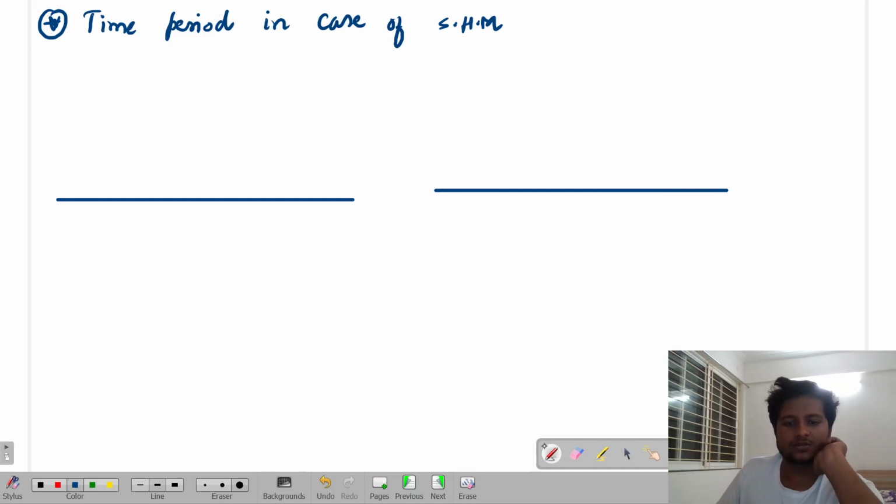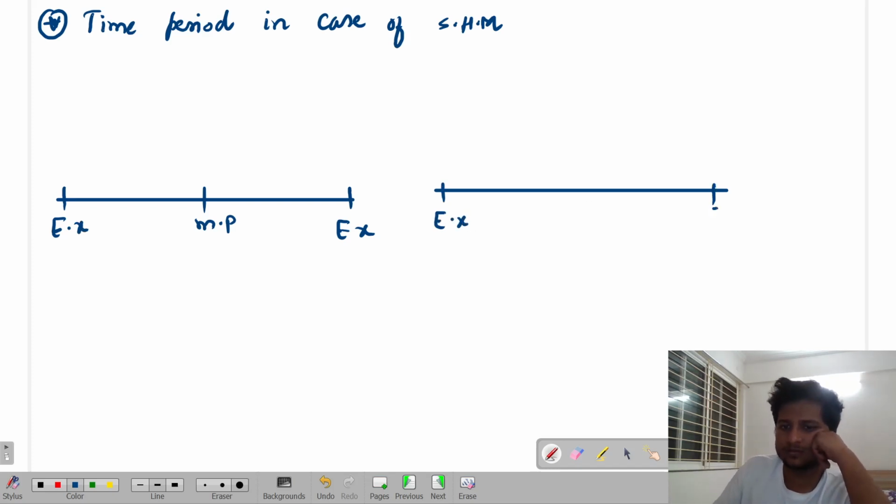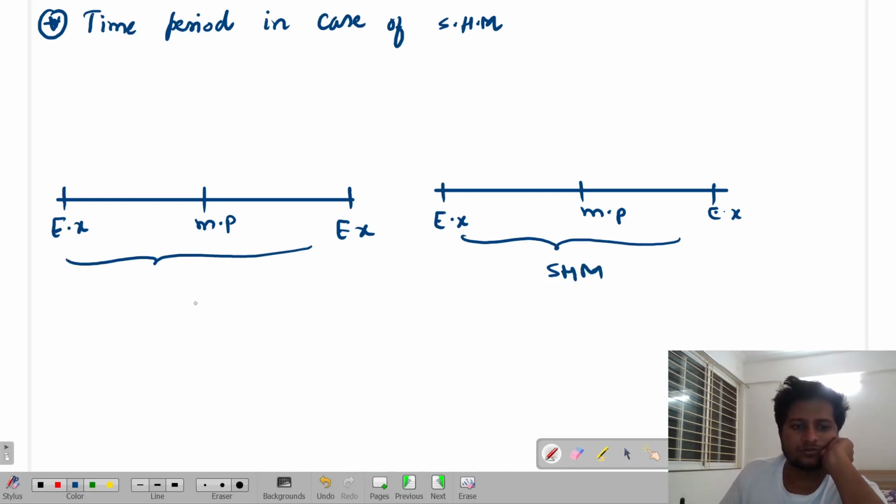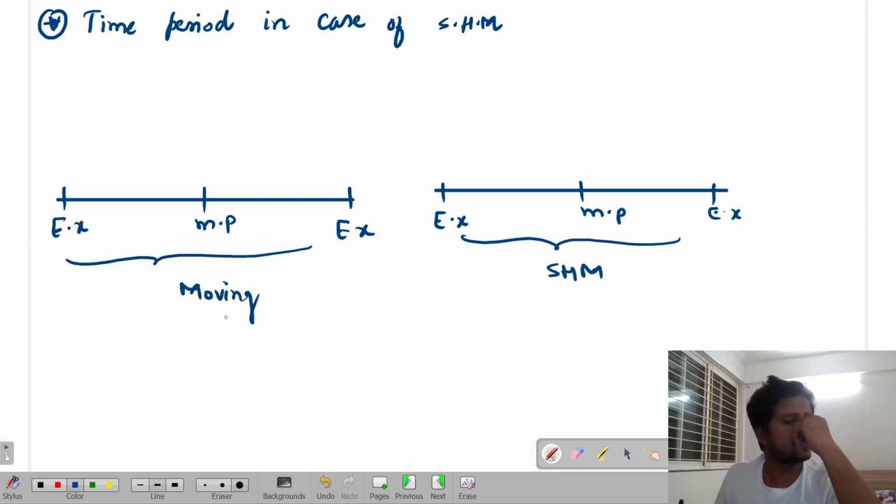In one, the body moves between extreme point and mean point and extreme point, and here the body was performing SHM. In the other, the body was just moving due to some external forces. Slowly it was moving, okay?